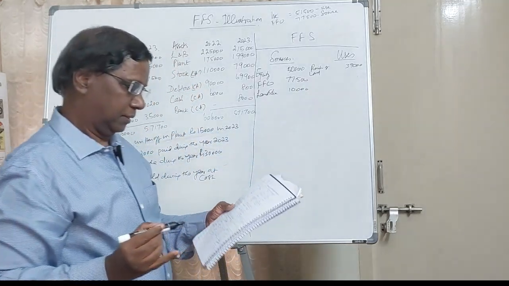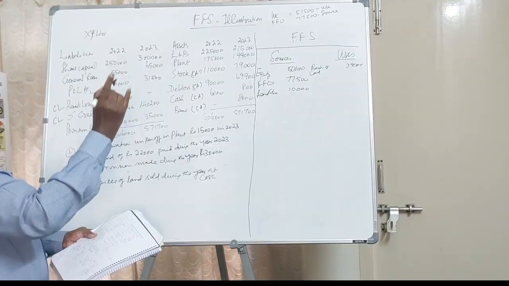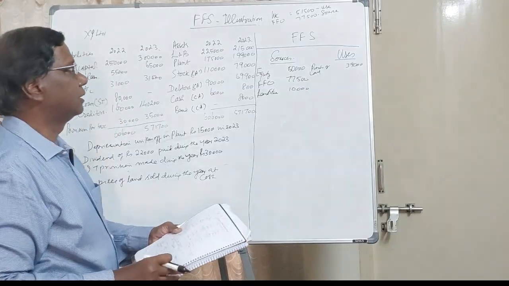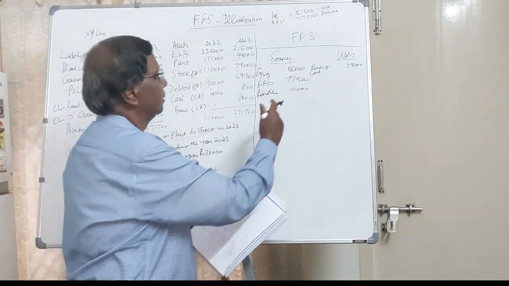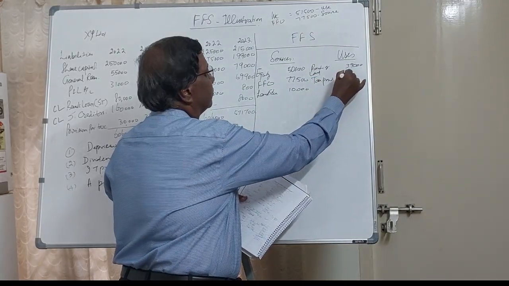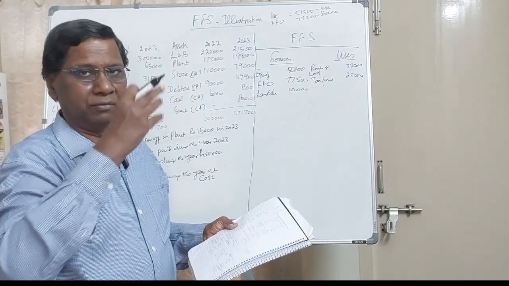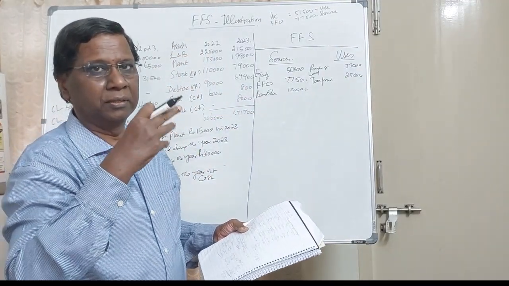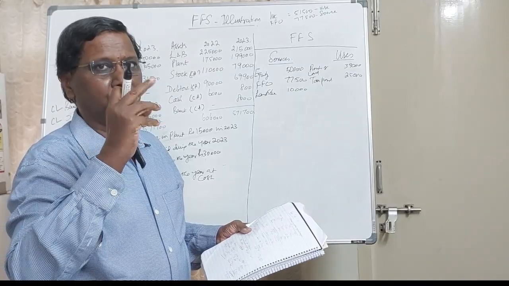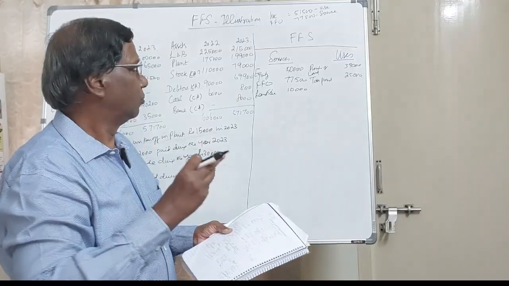Then tax paid. How much is there? Tax already we have worked out. How much is the tax paid? 25,000. You can go back and see where we worked out tax paid, it is there, 25,000.